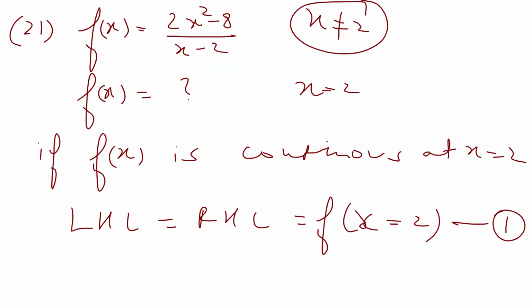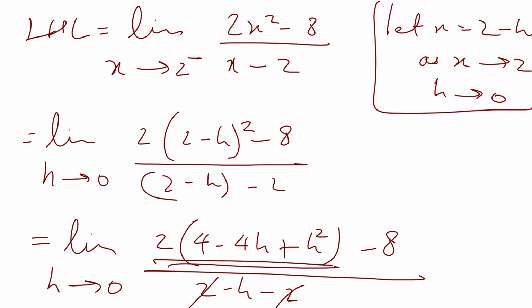One second. 2x square minus 8 upon x minus 2, 2 minus h. I think something is incorrect, so just giving a relook. 8 minus 8h plus 2h square minus 8.